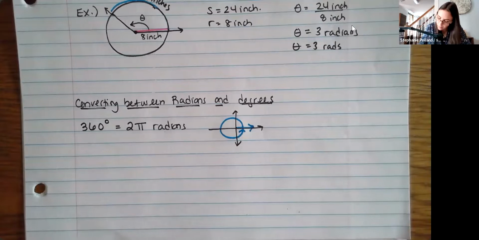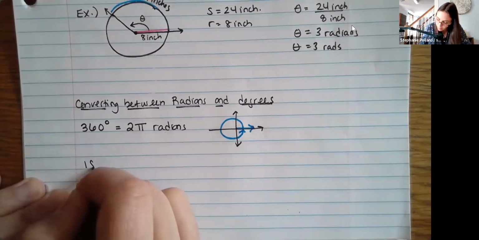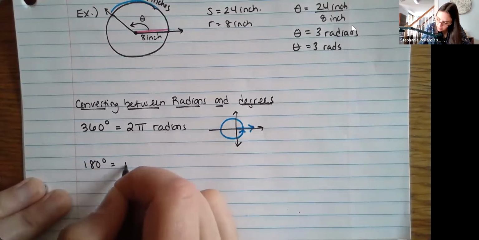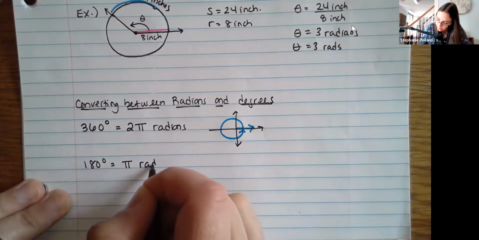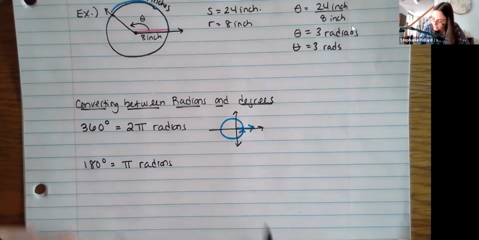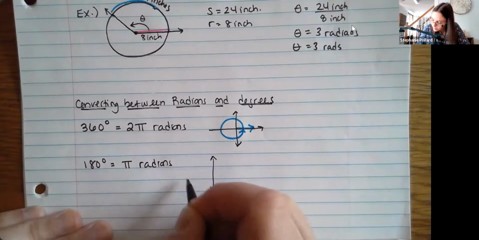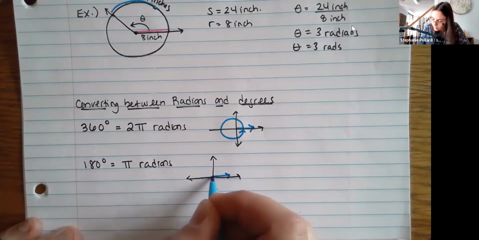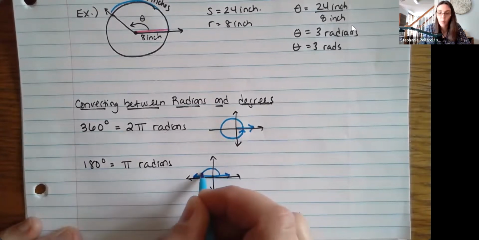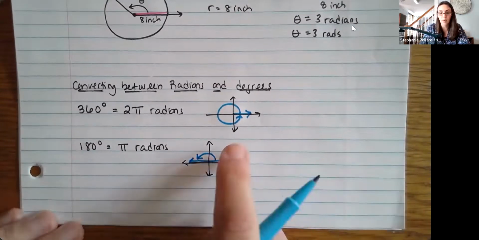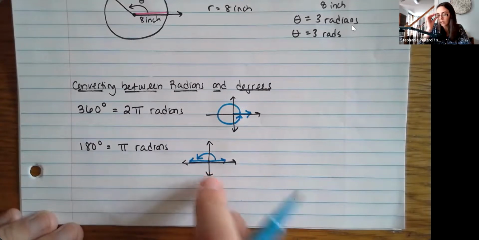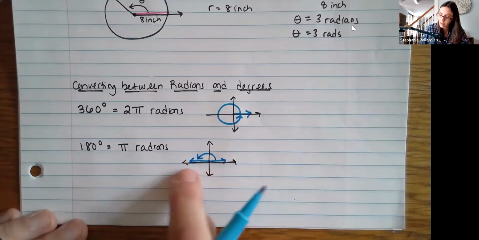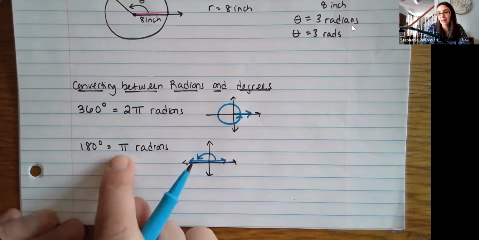And then another really important one is that 180 degrees is equal to pi radians. In that case, you have your initial side, you have your terminating side, and you're going halfway around. So we know this one is 180 already. We saw this one earlier in a video. So 180 degrees is the same thing as pi radians.